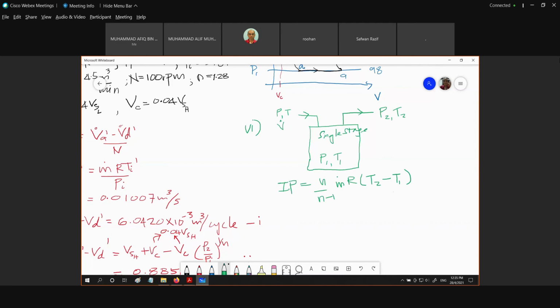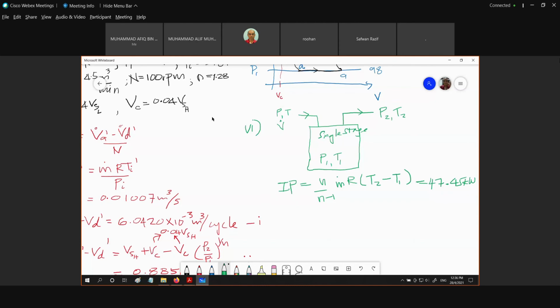Everything is there. Then you will get the power as 47.45. It should be larger than for a double stage.